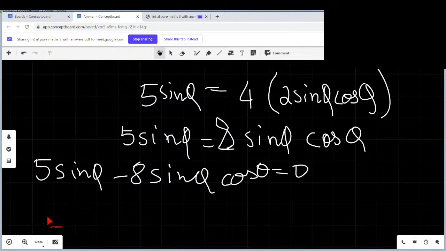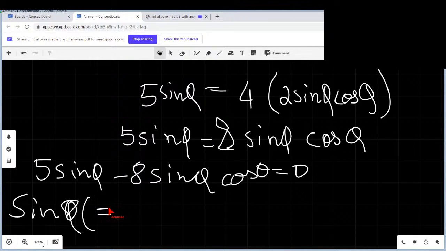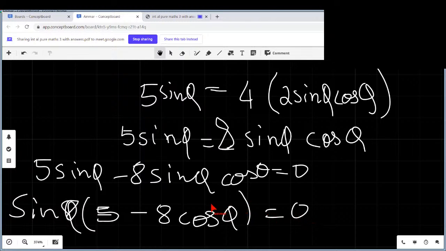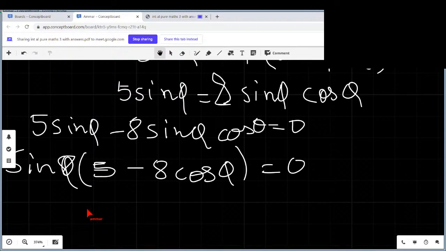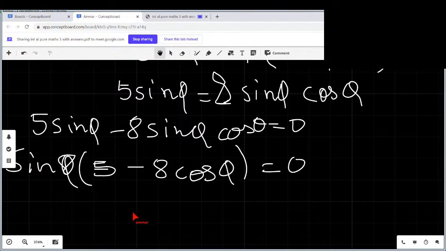Sine theta common makes it 5 minus 8 cos theta is equal to 0. What do I need to find? Theta. So either sine theta is 0 or cos theta is 5 by 8.